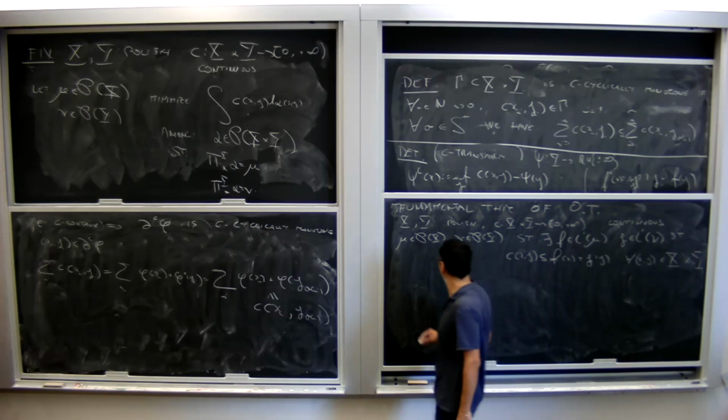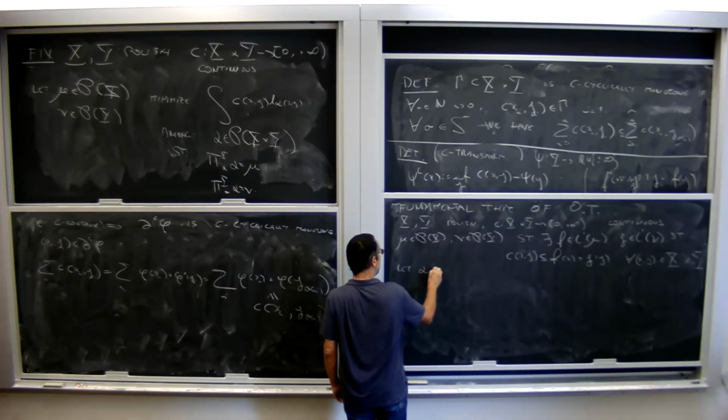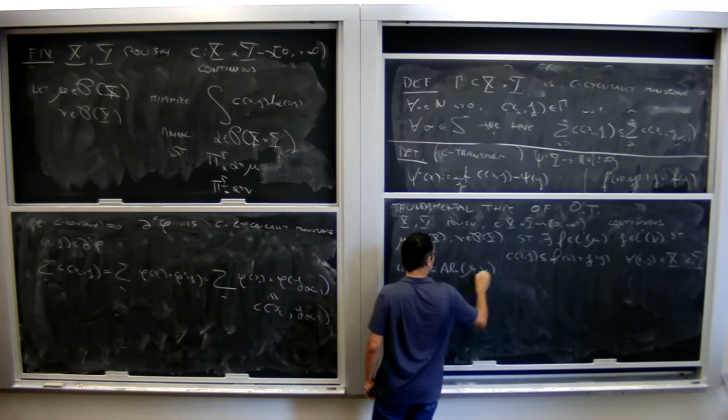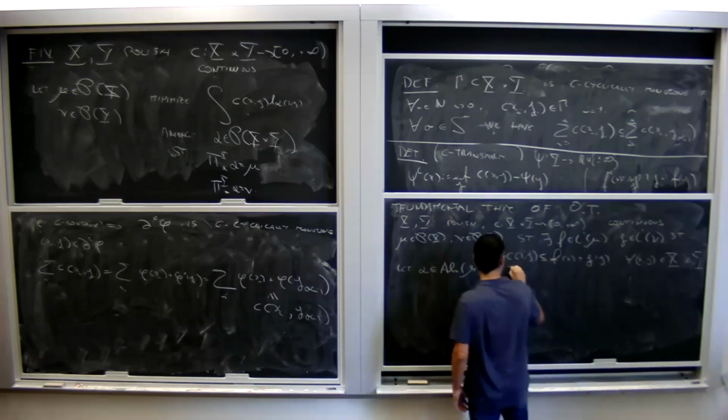Then the following are equivalent. Let alpha be an admissible plan. Then the following are equivalent.